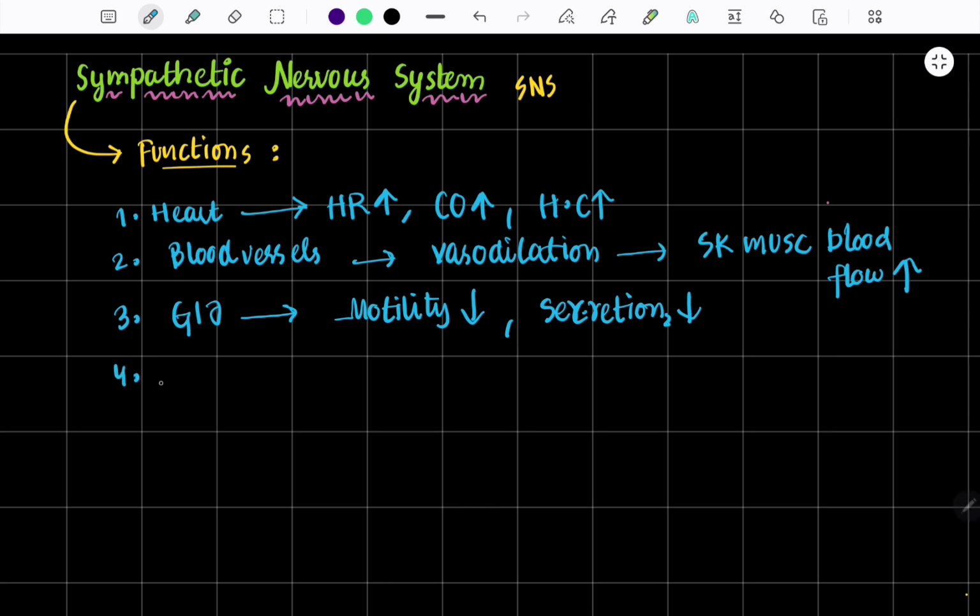Now let us talk about the lungs, right? In situations where you are frightened or scared, your body requires more oxygen, right? So there is more bronchodilation.